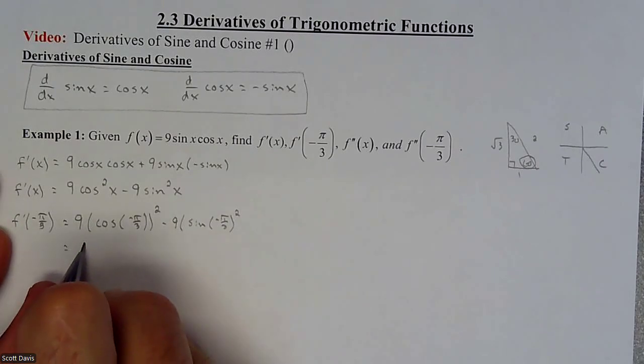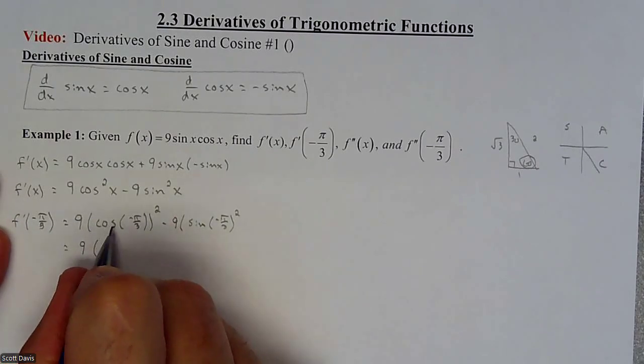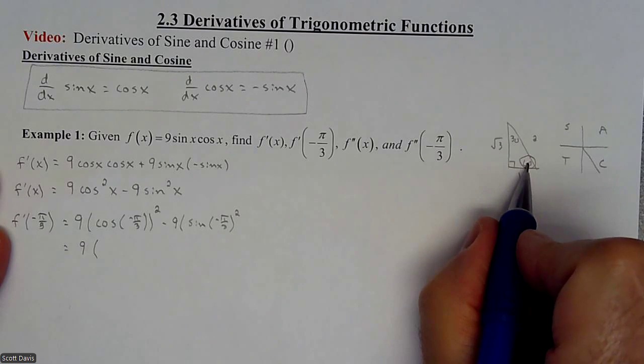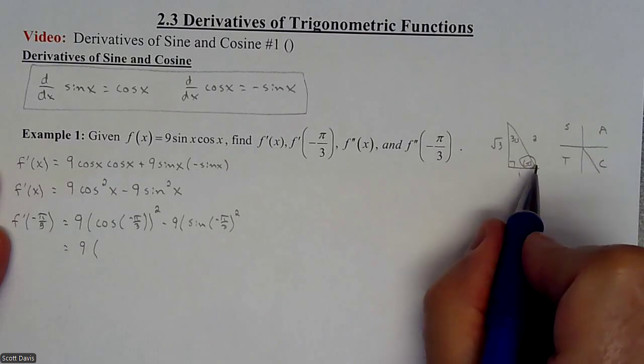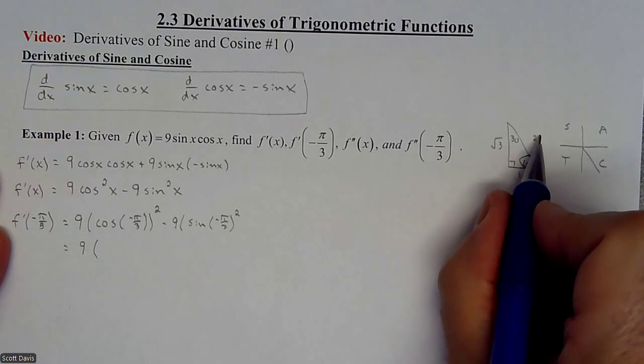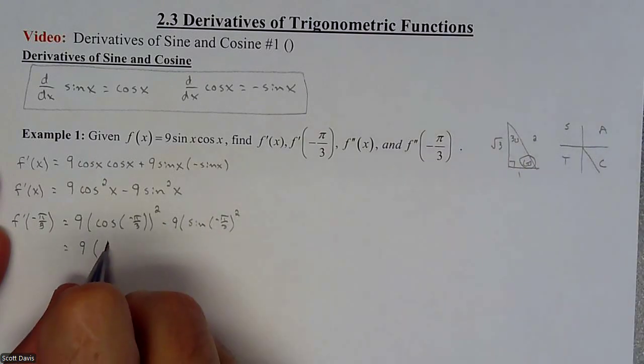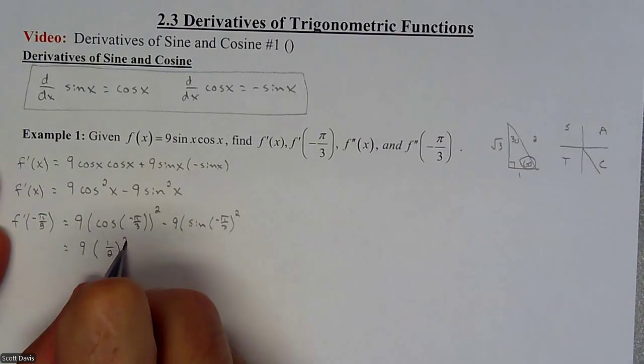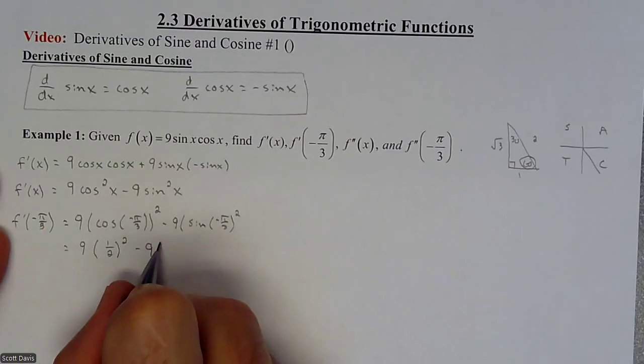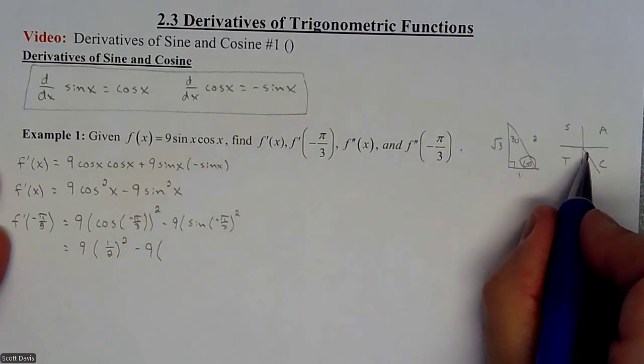So the math on this: cosine in the fourth quadrant is positive, so that's 1/2, and we're going to square that. Minus 9 times sine in that quadrant.